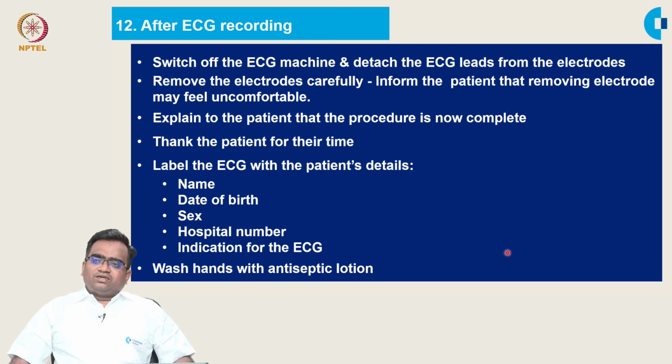After recording the ECG, the healthcare provider must switch off the ECG machine and detach the ECG cable, inform the patient that the ECG procedure is over, and educate that removal of the ECG electrodes may cause mild discomfort. So, after informing, remove the electrodes.